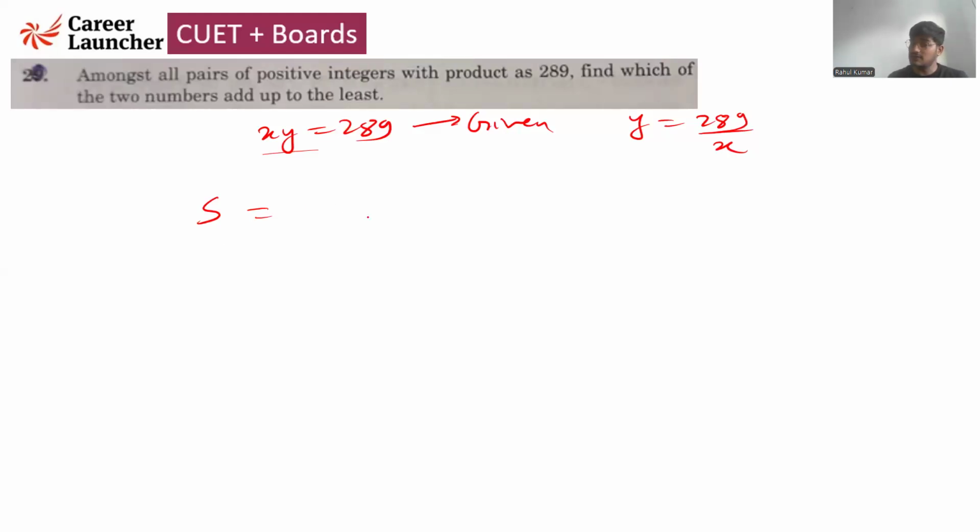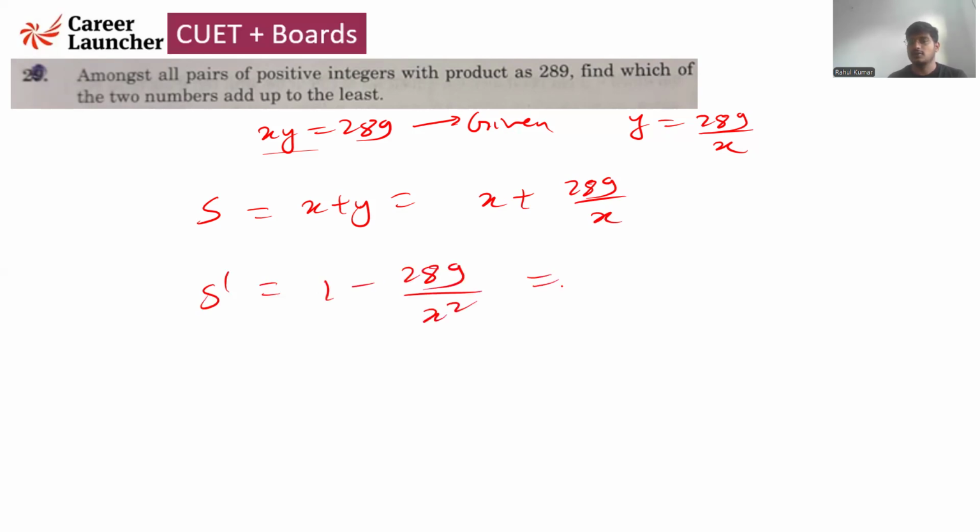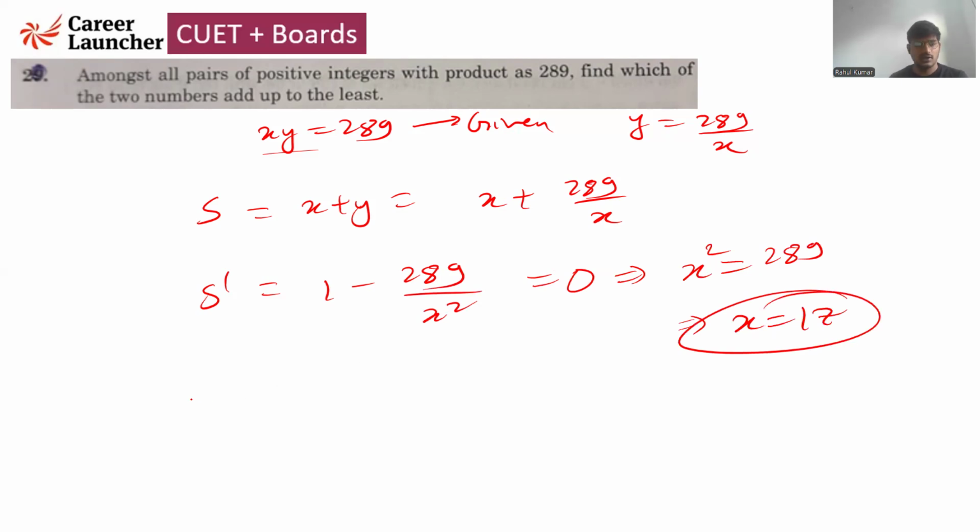So the sum is x plus 289 divided by x. What is s prime? It will be 1 minus 289 divided by x square. When you equate it equal to 0 so that you can find the critical point, you will get x square is equal to 289. And because we are talking about positive integers, we will have x is equal to 17 only.